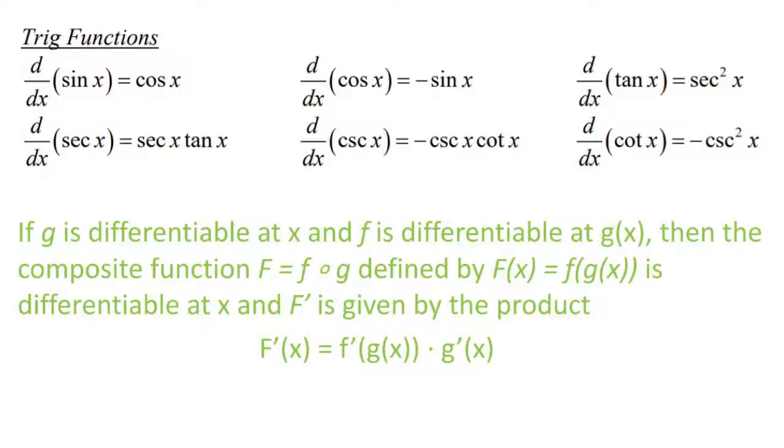Now, the next part that you need to know for sure is if we have a composite function, that just means I have one function plugged into the other. Then that's going to look like this, f of g of x.